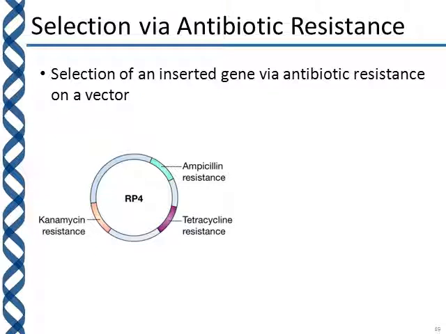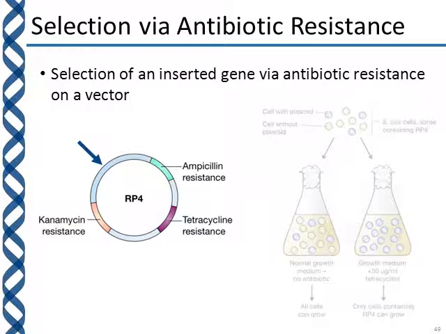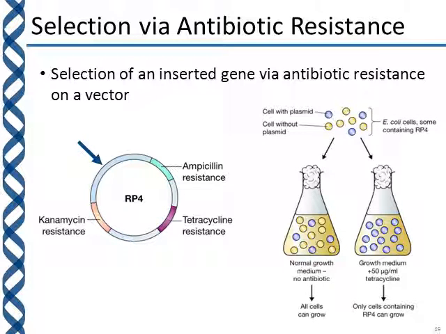Selection of an inserted gene via antibiotic resistance on a vector. Here we show the RP4 vector, which contains the genes for kanamycin resistance, ampicillin resistance, and tetracycline resistance. When cells are grown, some will contain the RP4 plasmid and some do not.